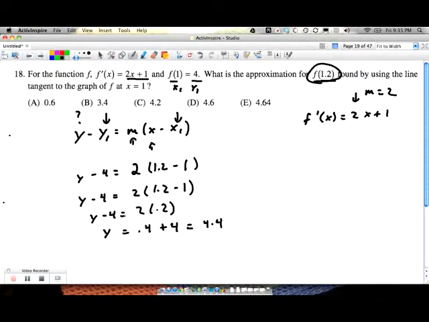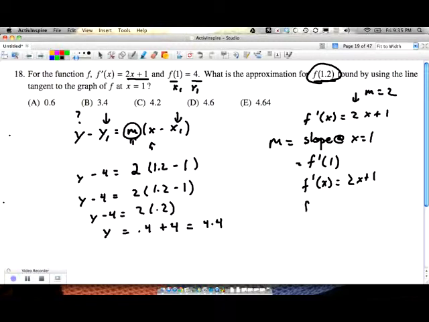Wait a second. Something's going on here. This m, this slope, m is equal to the slope at 1. That x equals 1, which is really saying f prime of 1. And we know that f prime of x equals 2x plus 1. So then f prime of 1 is equal to 2 times 1 plus 1.